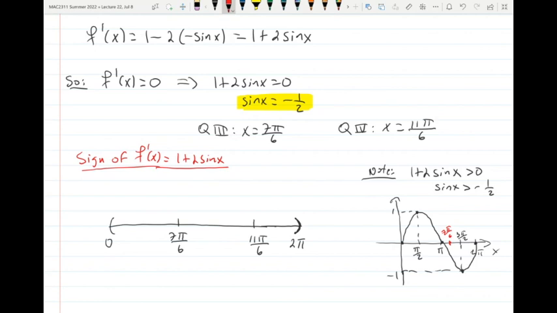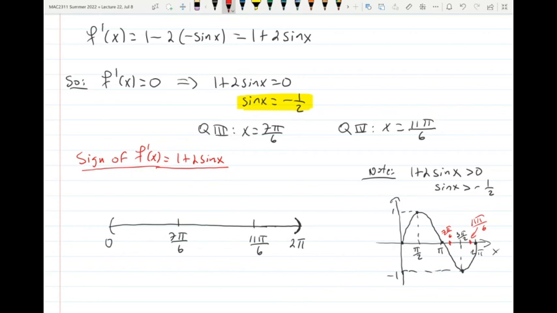And then we have 11 pi over 6, which is somewhere in here.